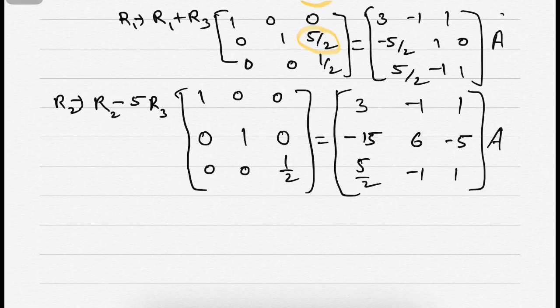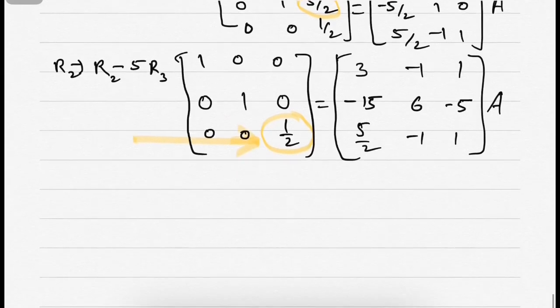Now, to make the left hand side the identity matrix, we have to multiply the complete row by 2. So we are doing the operation R3 into 2.